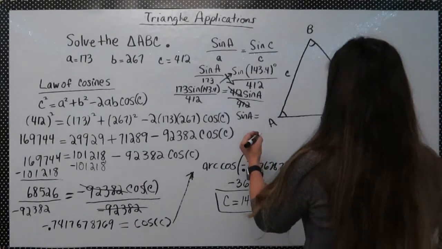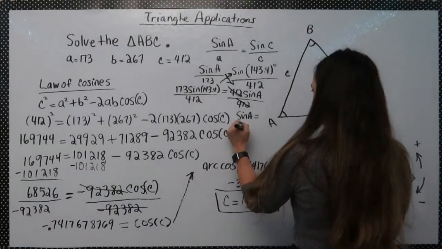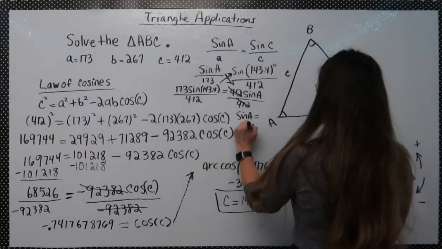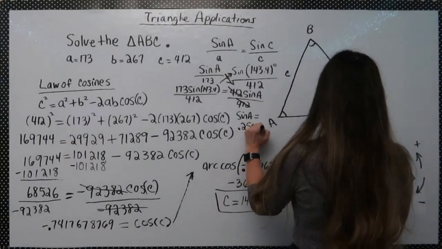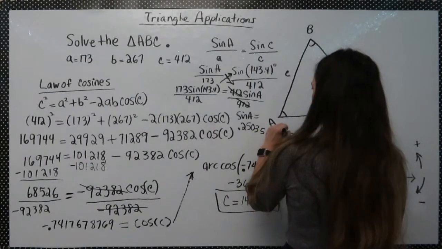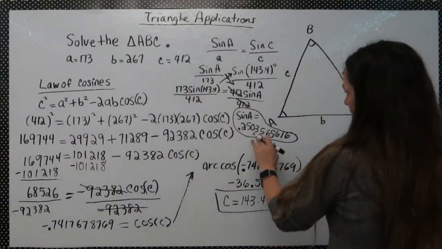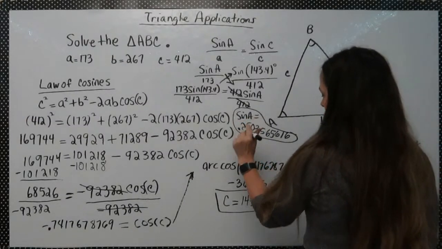I'm getting sine A equals 0.25035656616.